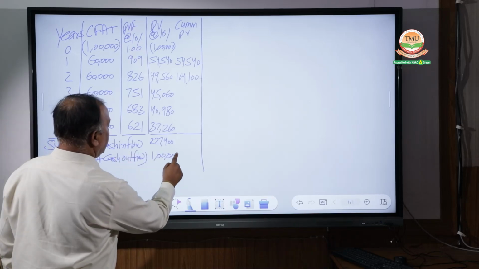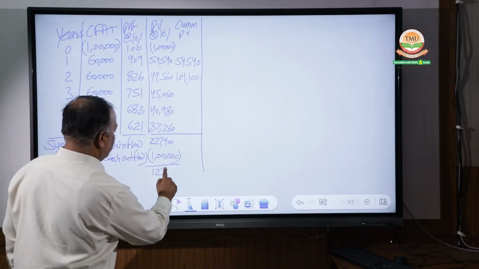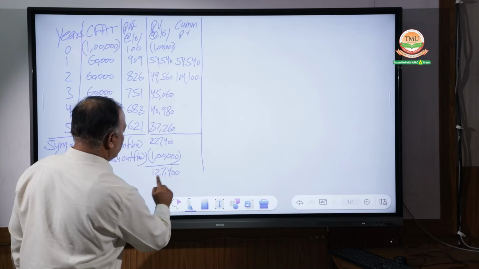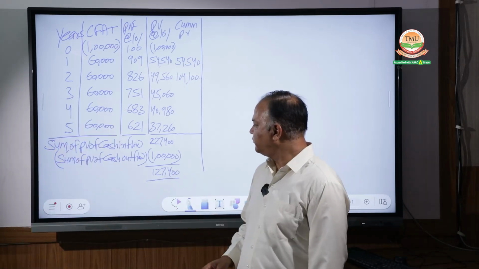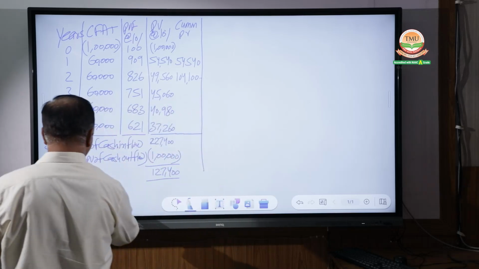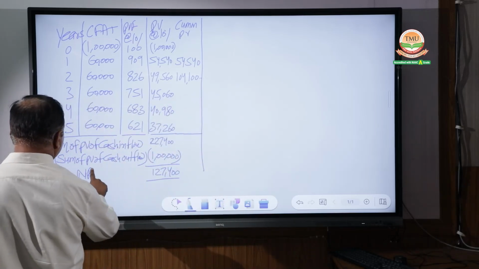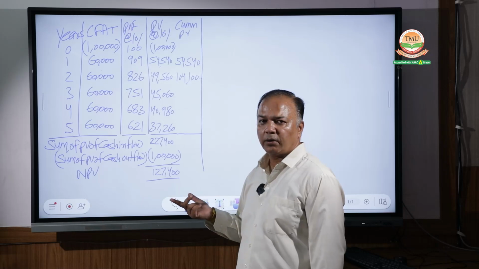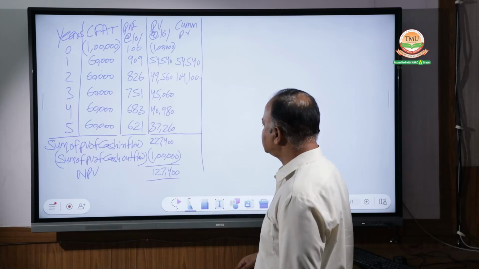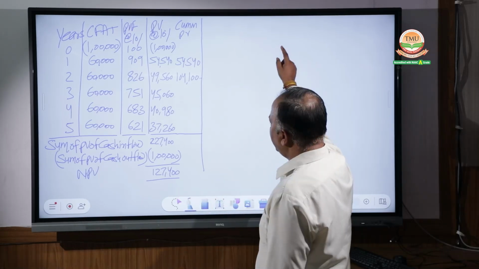This is 1 lakh. It will be 127,400. So NPV is 127,400 at the rate of 10%. So first we found the discounted payback period. Number 2, we had to calculate NPV and we have solved it.